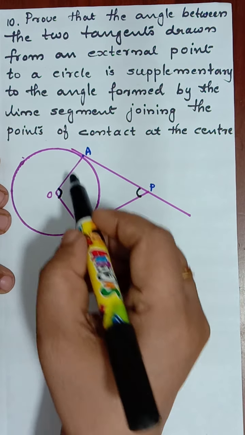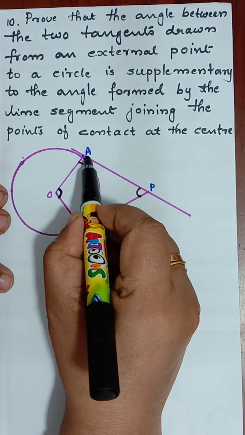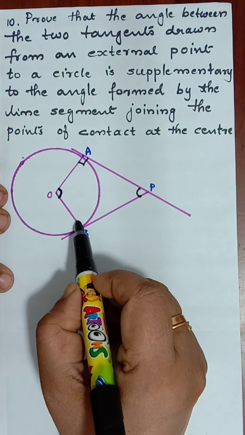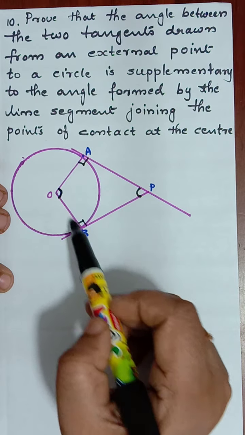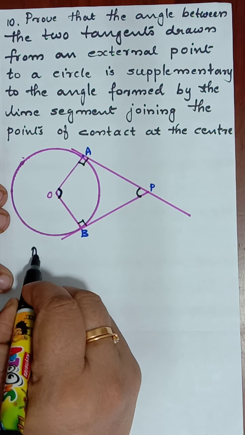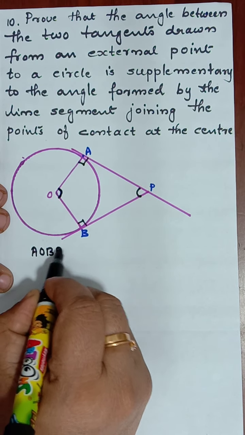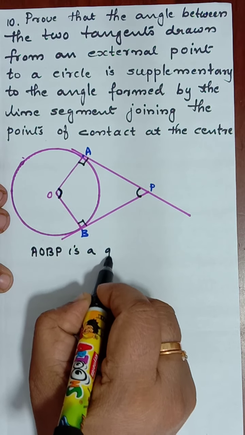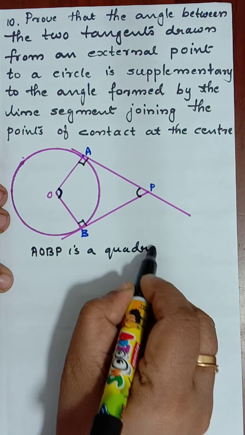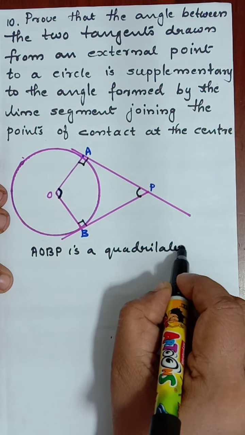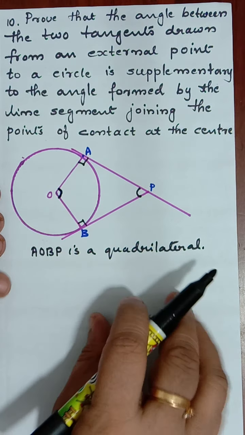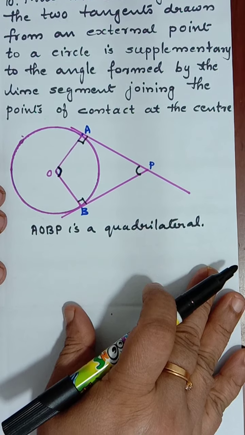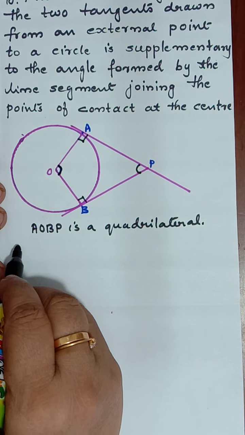So, how to prove that? Very simple. Radius is perpendicular to tangent. What is the shape of AOBP? AOBP is a quadrilateral. A four-sided figure is called a quadrilateral. Here we can use the angle sum property of the quadrilateral.